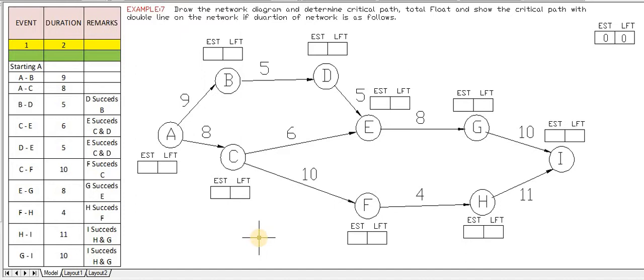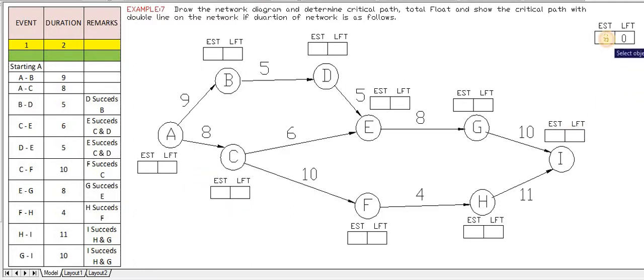Second, EST is to be calculated by adding the durations of that particular activity. Third, EST should be the maximum value. We have to take the maximum duration for EST. So these three things are to be kept in mind while finding out EST, the earliest starting time. One by one we will find out the earliest starting time.